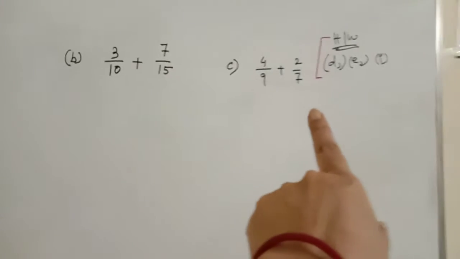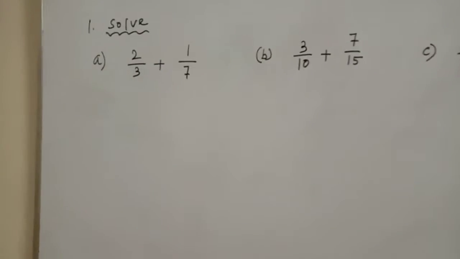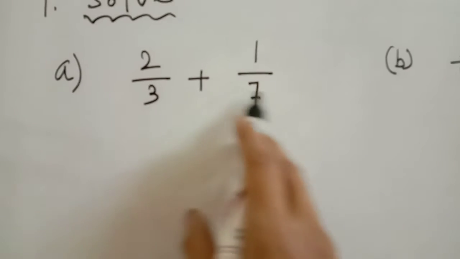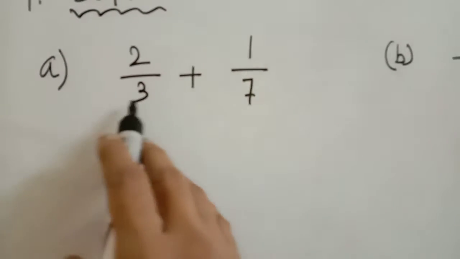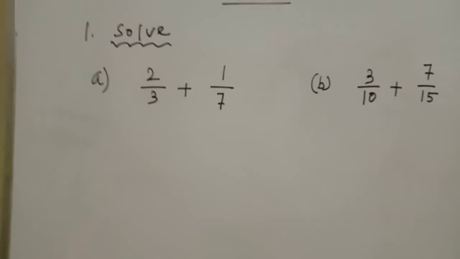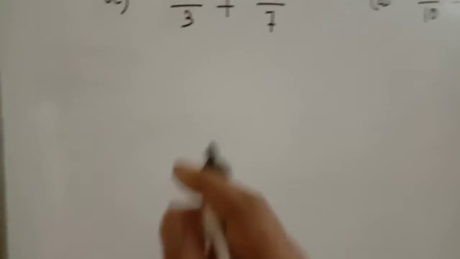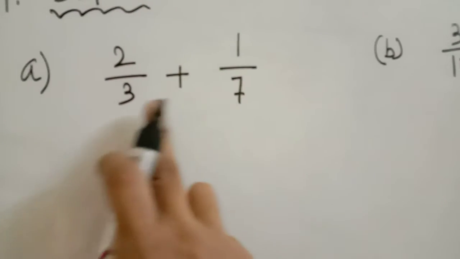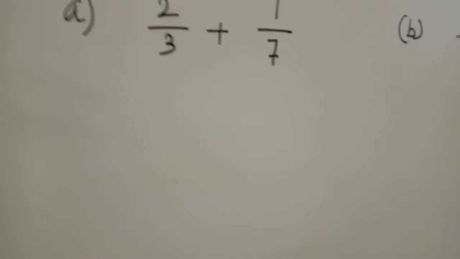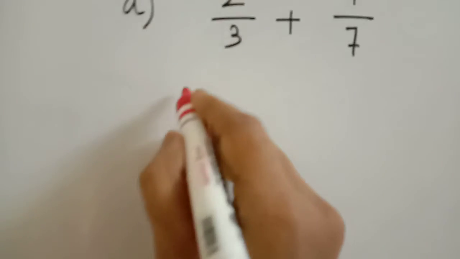Okay, in the first 3 sums I have written, you have to do the addition only. Now they are unlike terms, as the denominators are not the same. To make the unlike terms into like terms, so that you can add the fractions, you have to do the LCM of these two.